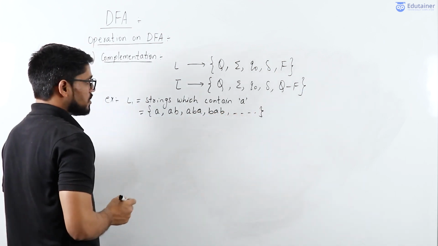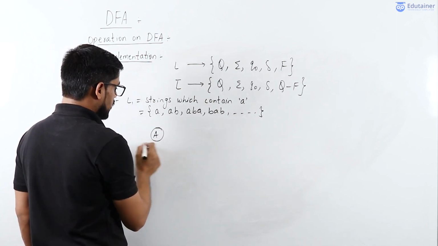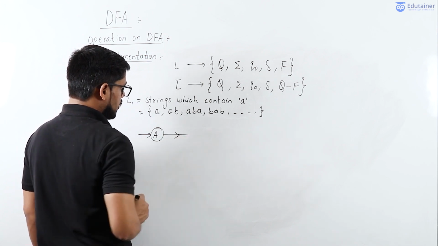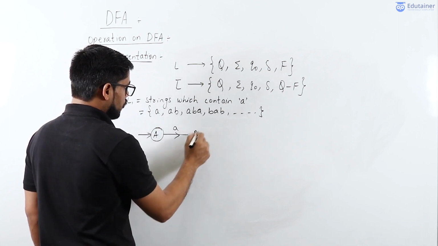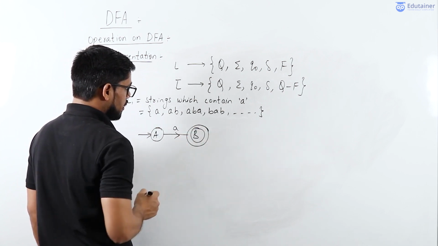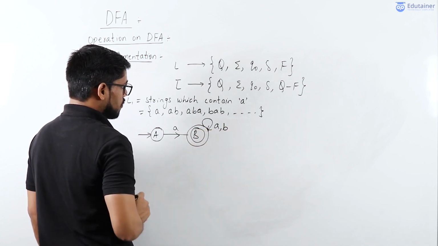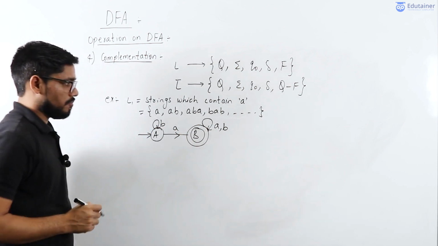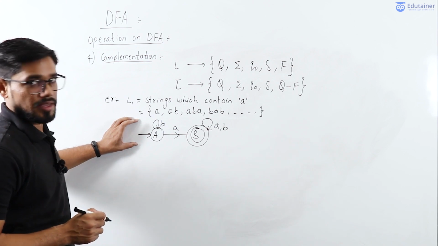If you draw the transition diagram for this language L1, you will get capital A as the initial state, then if you see A, you will go to the final state, capital B, and on the final state I will accept any number of A's or B's, and on the initial state I will accept any number of B's.